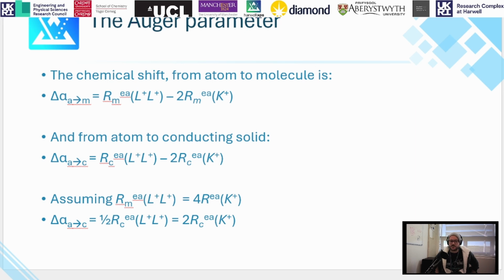And going back on our previous assumptions, the extra atomic relaxation energy for this L plus for the molecule is equal to 4 times the extra atomic relaxation energy for the ionized K state.